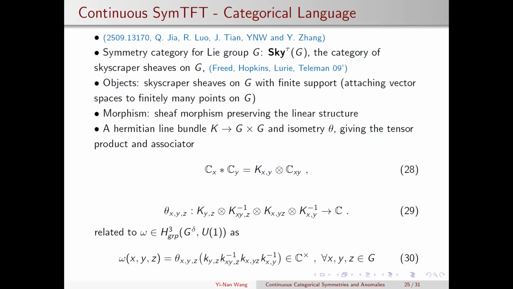If there is an anomaly, you see a phase factor difference, a little omega. And that piece of information really lies in the isometry part, the theta part.